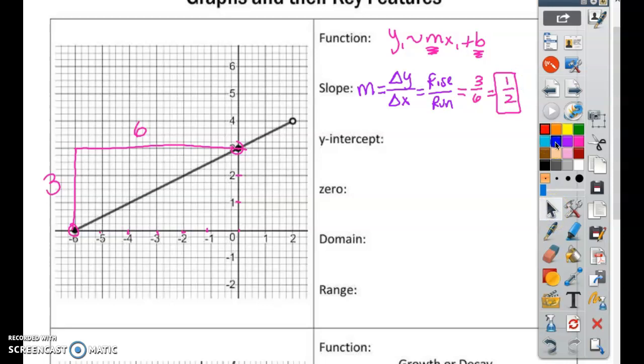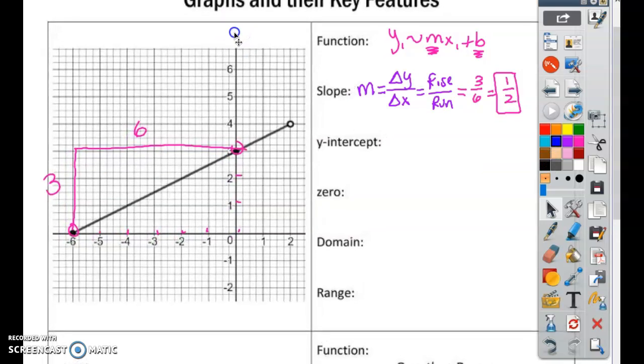Okay, the y-intercept is very easy. It's where it crosses the y-axis. So where does it cross the y-axis? At 3. That's the y-intercept. So the y-intercept right here is 0, 3.